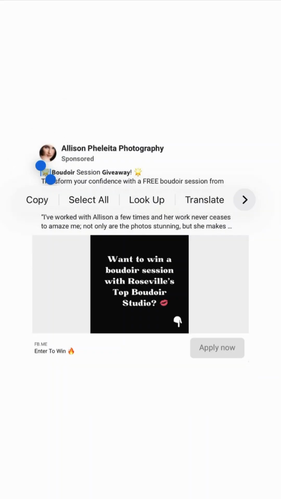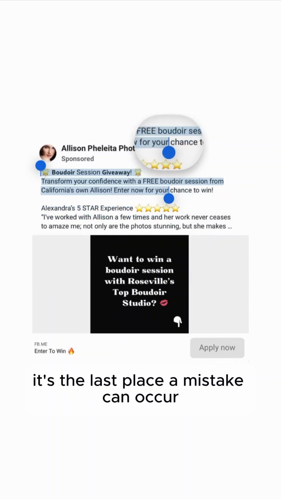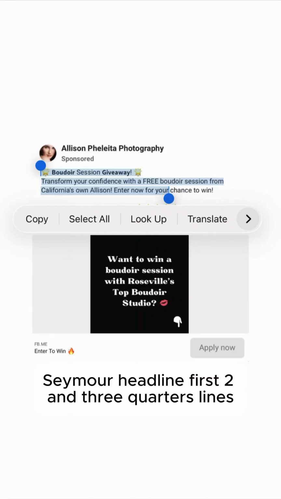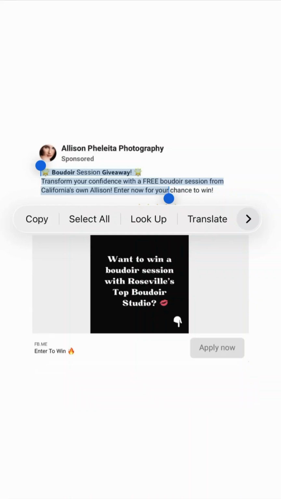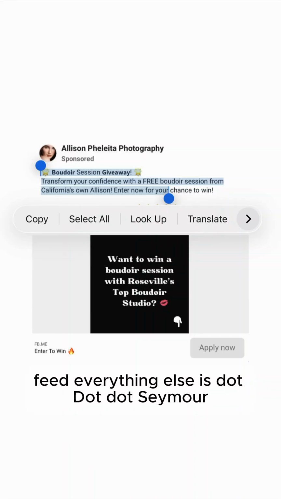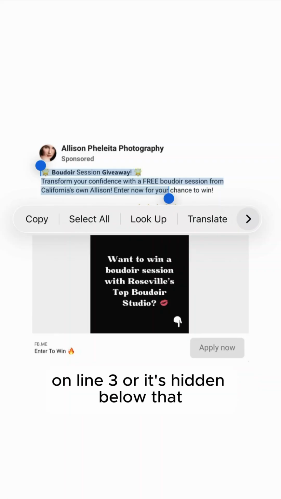Now, gonna go look at the See More headline here. It's the last place a mistake can occur. See More headline, first 2 3/4 lines, Facebook newsfeed mobile. This is the only thing that can be seen on the newsfeed. Everything after it is See More on the quarter line on line 3, or it's hidden below that.